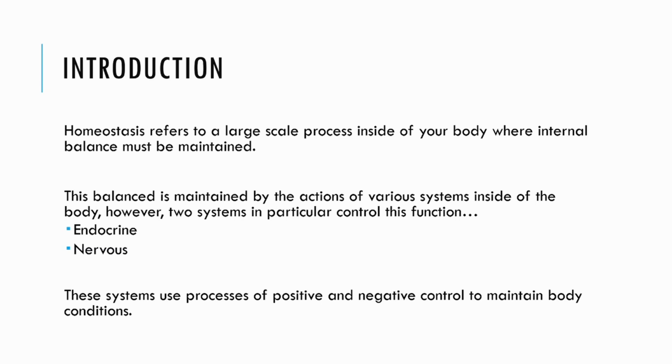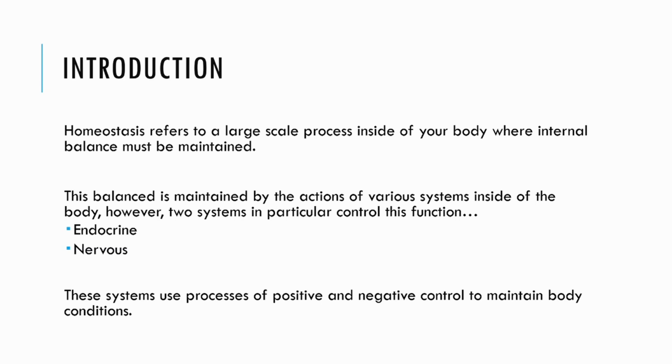We'll talk about those in different labs, but we just wanted to introduce that idea. The endocrine and nervous systems are going to exert control over all the other body systems and influence them to do activities that help us maintain homeostasis, which we'll see in the 3 body systems we're going to be looking at.